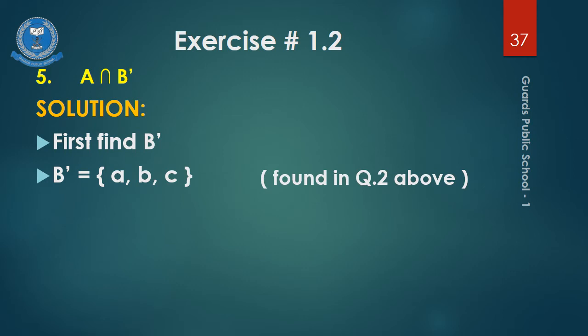So I am directly using the result of B complement which is equal to A, B, C. Next step, A intersection B complement is equal to list all the members of set A which are F, A, C, E, intersection with members of B complement which are A, B, C.